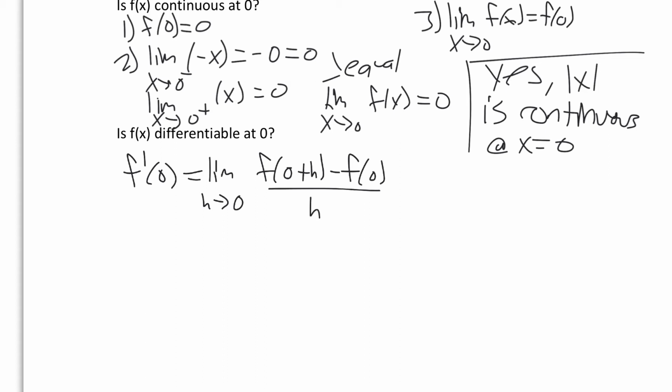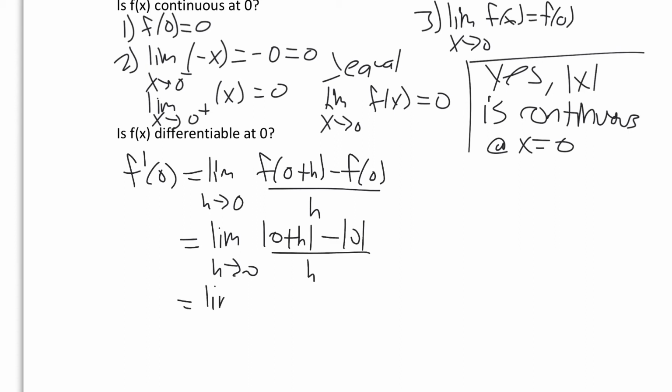You could do the whole derivative, but I'm just looking at the particular point where x is equal to 0. Now let's go ahead and work on this limit. So we'll get the limit as h approaches 0. f of x we know is absolute value, so it's absolute value of 0 plus h minus absolute value of 0 over h. So it'll be the limit as h approaches 0 of absolute value h over h.